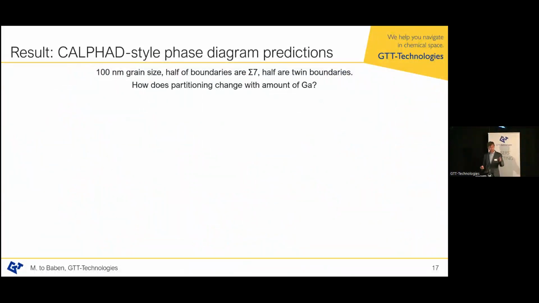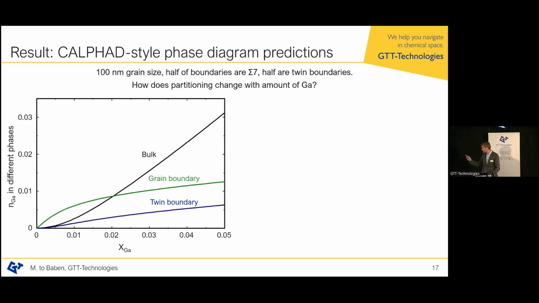You can do what Philip introduced earlier concerning metastable equilibria. I will just skip this, but I wanted to quickly show you this one. If you do this not only for a grain boundary, but also for a twin boundary, you can get calculation results such as this one, where you add gallium to magnesium, and you look at how much gallium is incorporated in the bulk phase, in the grain boundary phase, and in the twin boundary phase.